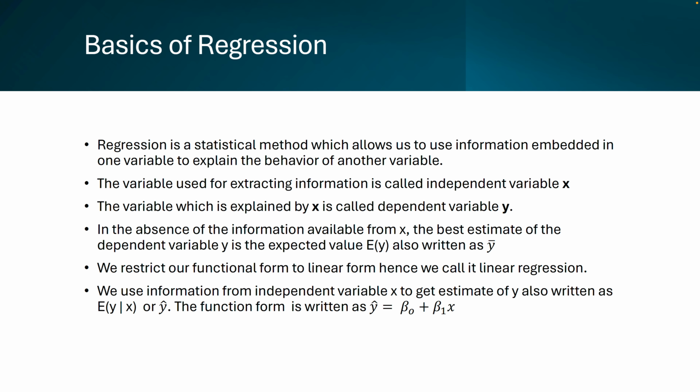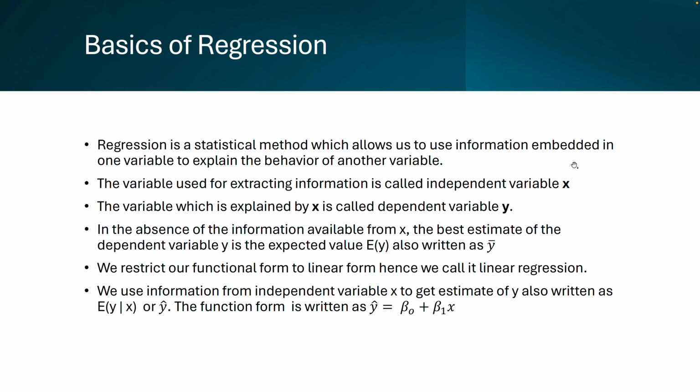Both these notations are very common, and the functional form is written as y hat is equal to beta naught plus beta 1 x. So this is a basic premise. We have two variables x and y, and we are using the information embedded in x to explain the behavior or the value of y, and we are restricting our functional form of this relationship to a linear form.